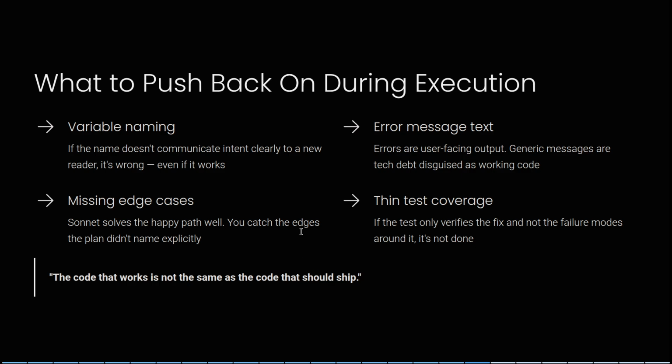Missing edge cases. Sonnet solves the happy path well. You catch the edge cases the plan didn't name explicitly. What does that mean verbatim? When you're programming and using agentic platforms or agents themselves to manage work, there are going to be cases where the agents run into issues and need you to answer more context about how to proceed within your vision or the permissions at the time.